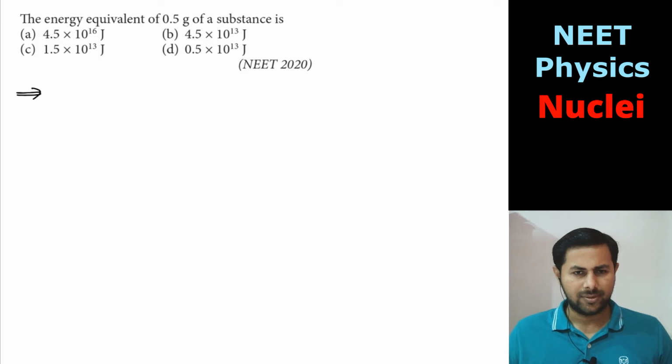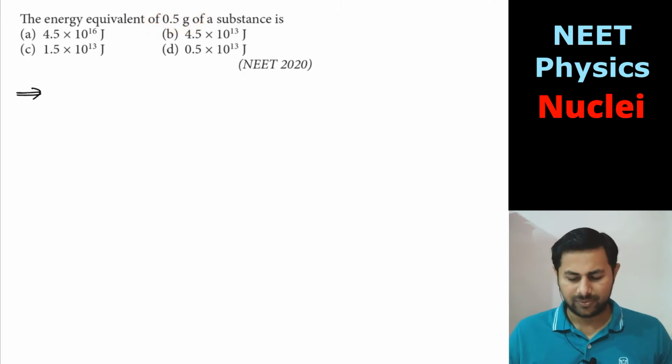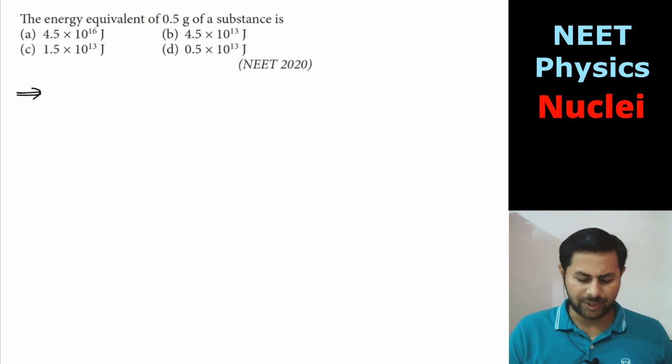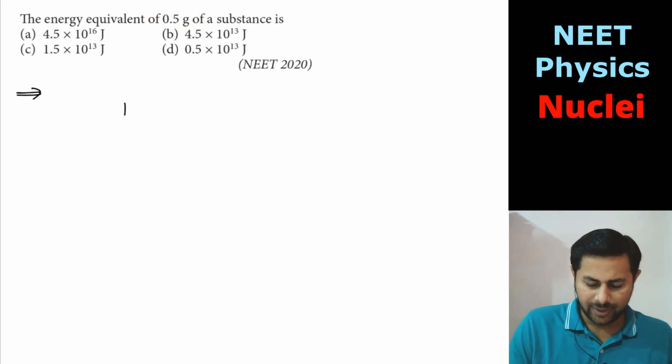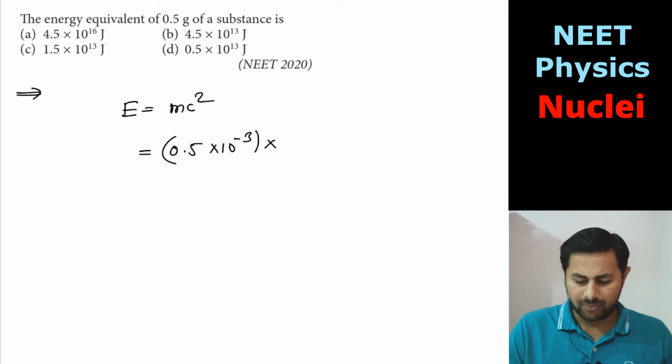It's very simple. Mass is given, and you want to find out energy. You have Einstein's mass-energy relation, E equals mc square. So mass is 0.5 grams, that is 0.5 multiplied by 10 raised to minus 3 multiplied by c square. What is c? c is 3 multiplied by 10 raised to 8, and you have the square of that.